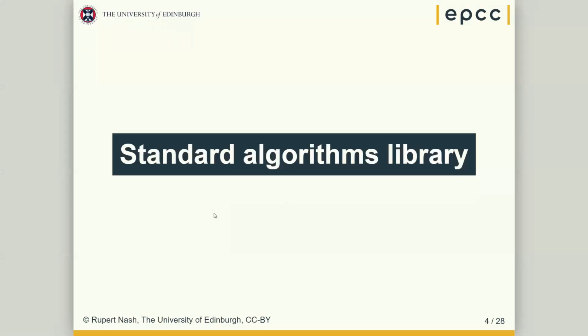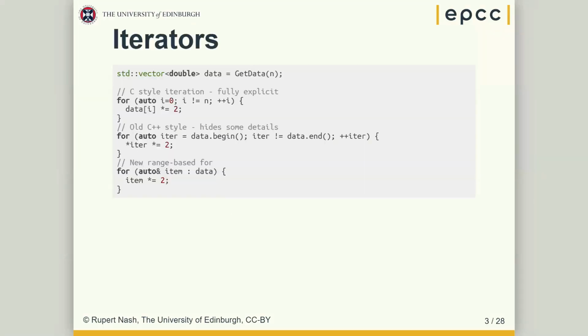But ultimately, these are all double in place examples, right? Take the value, multiply it by 2; dereference the iterator and multiply it by 2; get the item by reference and then multiply it by 2.